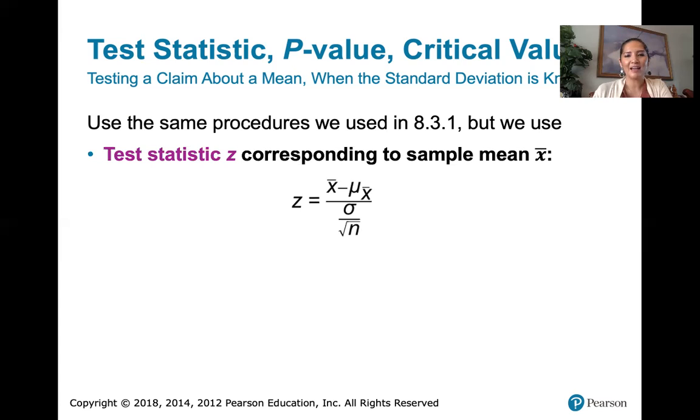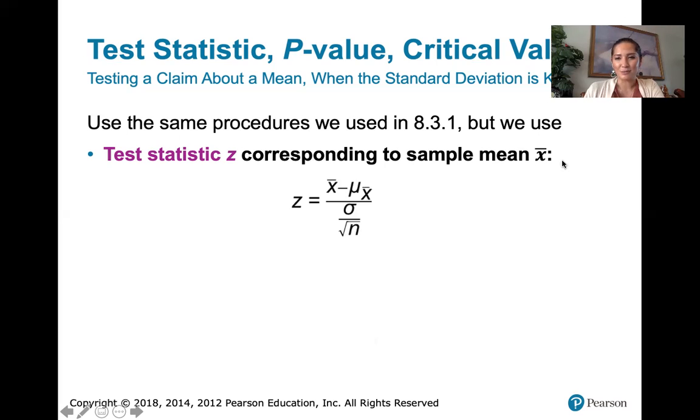Then we divide by the standard deviation of that distribution of sample means, which turns out to be the standard deviation of the original population divided by the square root of the sample size n. We'll use this formula to get our z-score, and that z-score is a test statistic which tells us how many standard deviations above or below the mean of the sample means that X bar is.